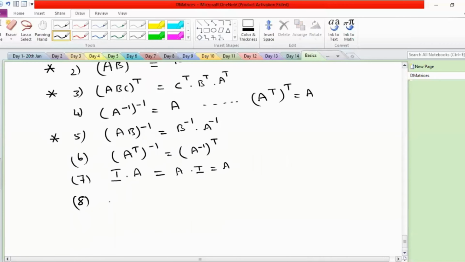Eighth one: A inverse into A equals A into A inverse equals the identity matrix.